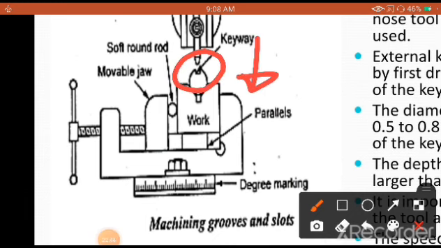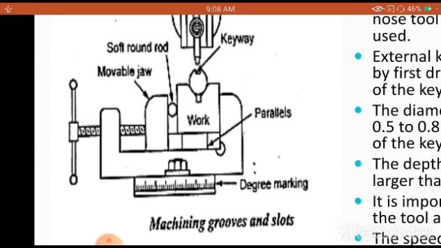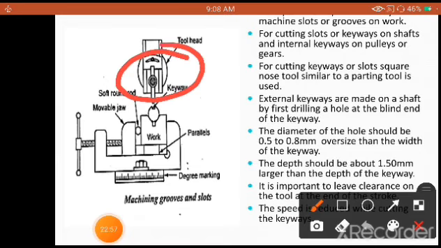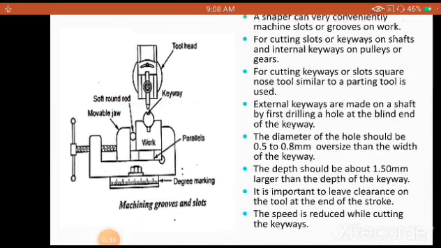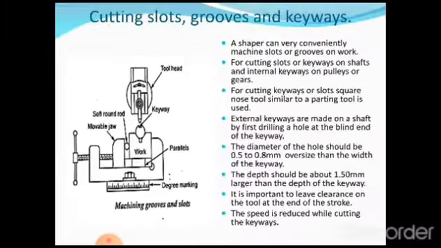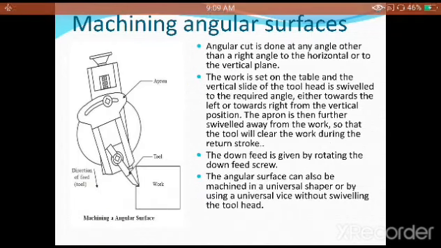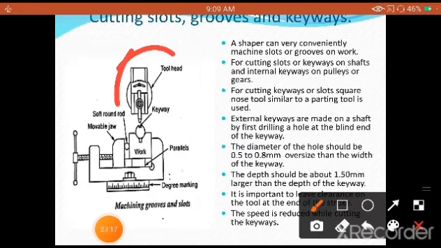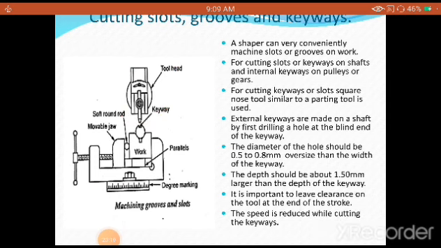Then the cutting tool returns and again some feed is given, like this, a continuous process, depth of cut is given, and it is carried out with the help of the feed screw, which is not shown here actually, which we have discussed in the previous. See here again, I'm just going back. By using this hand wheel, it is possible to give the feed in this case also. That is very, very important to be noticed here.